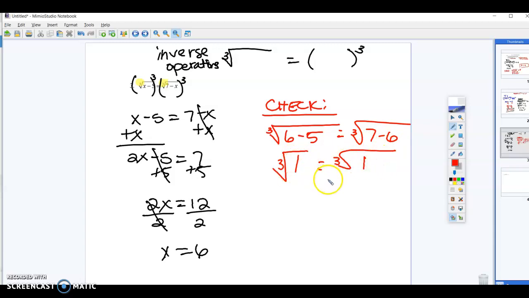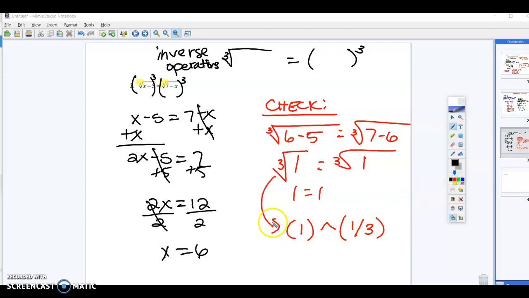However, let's say that they're a little bit more challenging to see. We know the cubic root of 1 is going to give us 1, so 1 is going to equal 1. But the way to plug this part into your calculator is to type parentheses 1, close parentheses, little caret button, raised to the 1 divided by 3 power.